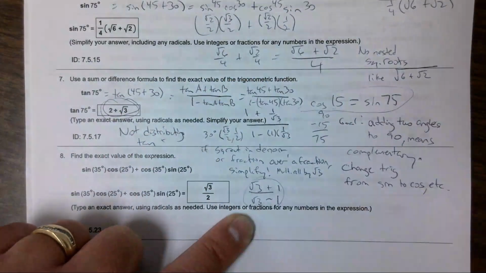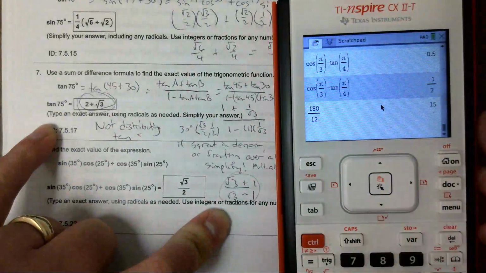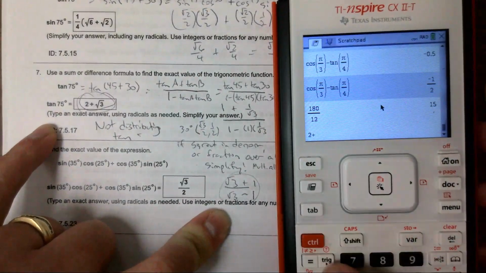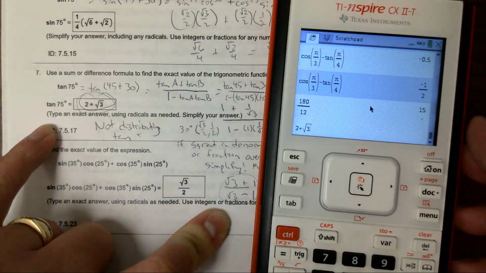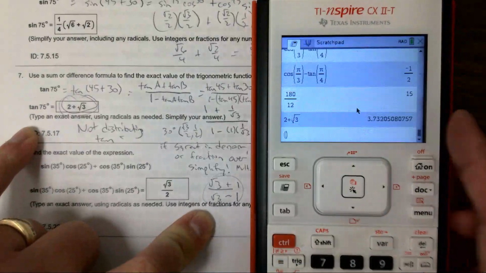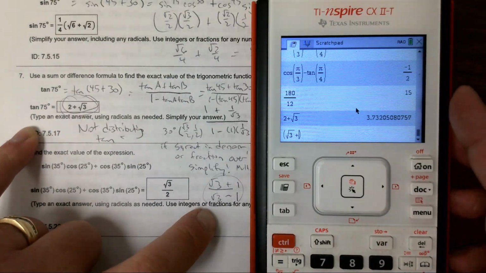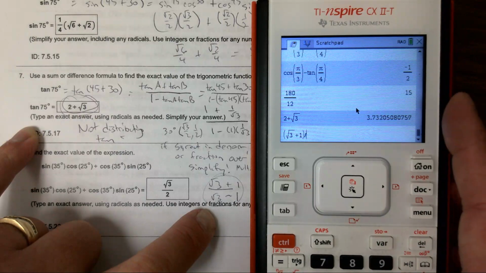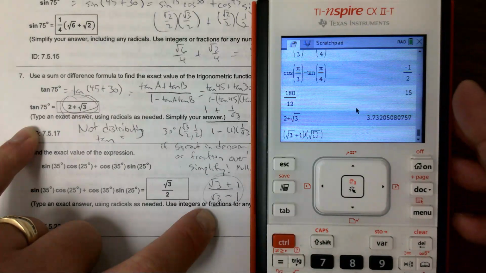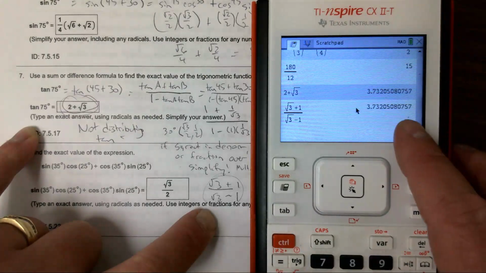I'm going to check that as a decimal. 2 plus square root of 3 as a decimal is 3.73, and square root of 3 plus 1 over square root of 3 minus 1 is the same thing.